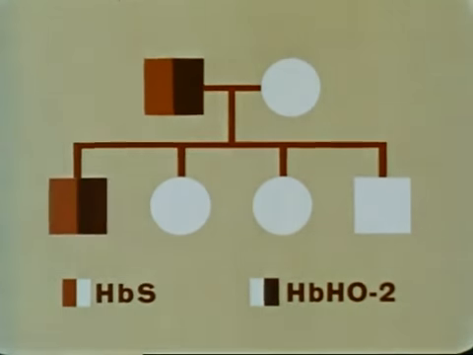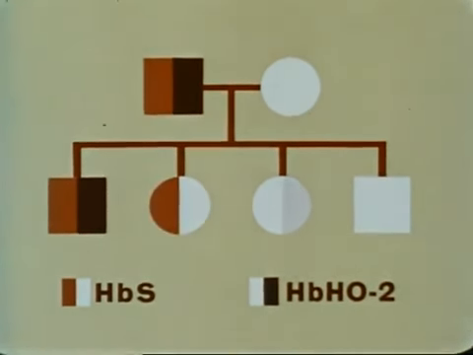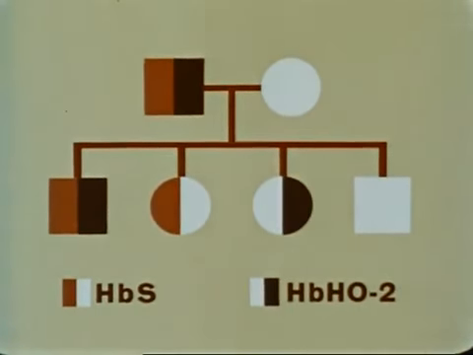Some inherit both aberrant hemoglobins, some inherit neither, and others inherit one or the other. Here is illustrated Mendel's second law of independent assortment. The genes for hemoglobin S and hemoglobin Hopkins 2 are non-allelic, are at different genetic loci, possibly even on different chromosomes. Non-alleles assort.